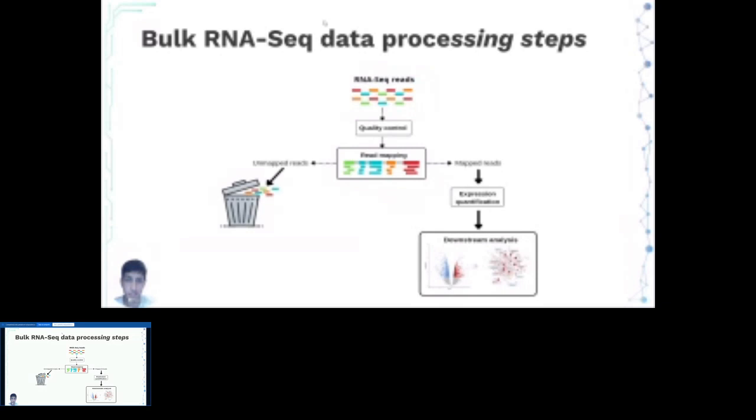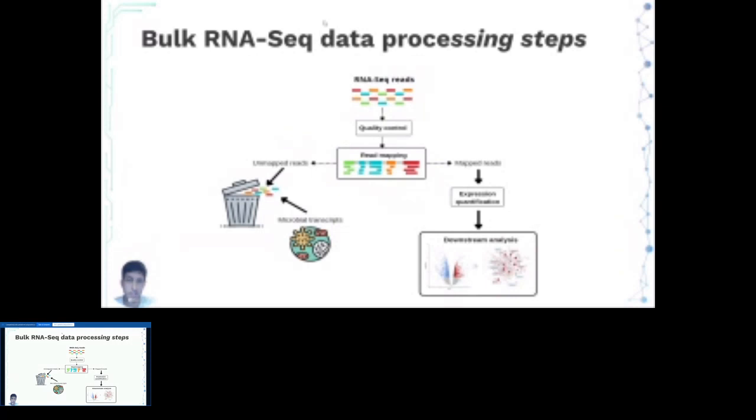However, during the read mapping process, most bioinformatic pipelines end up discarding the reads not mapped to the human host. And these unmapped reads can provide valuable information of RNA transcripts, which can be derived from microbes such as viruses, bacteria, and archaea, for example, which can be present in the samples.